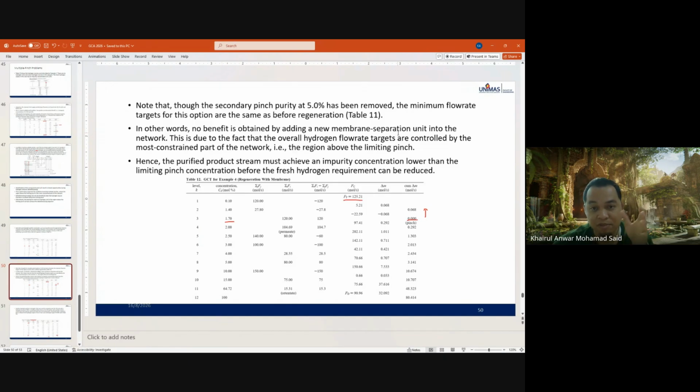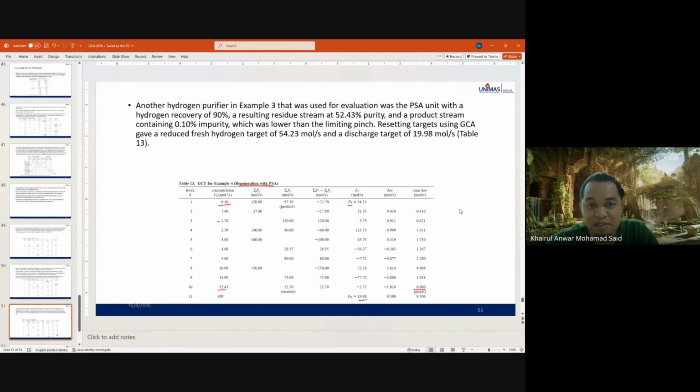But although you introduce the membrane, there are no changes in FF, in FD, due to the fact that the overall flow rate is controlled by the most constrained part, which is the region above the limiting pinch, meaning you must target something above it. The pinch occurs at 1.7%, so you need to go up to 2%. There's no other way.